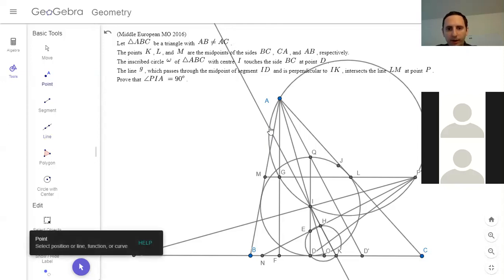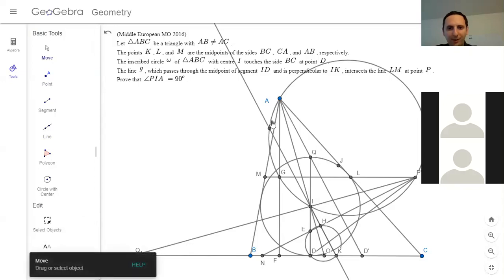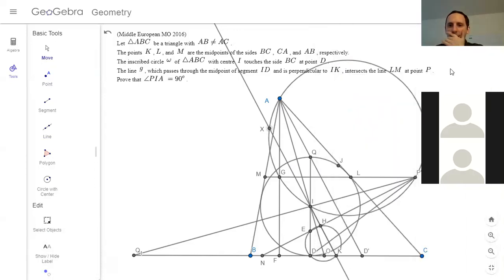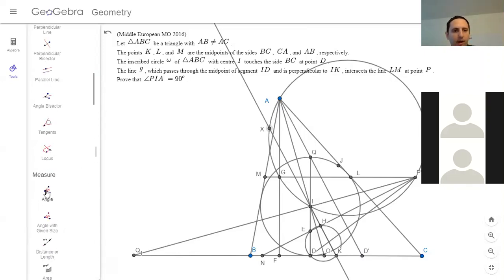I wonder if we let IK meet the circle at a point. So let's see, if we call this, I don't know, X. Is XDD prime similar to PID? I want to make a point. XDD prime is 107.7, PID is 105.8. Let me try this instead.